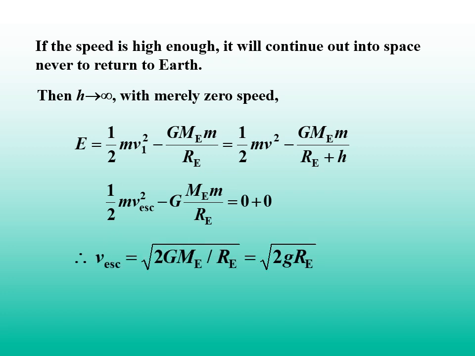Therefore, the speed for escape is the square root of 2 G M_E divided by R_E, which equals 11.2 kilometers per second.